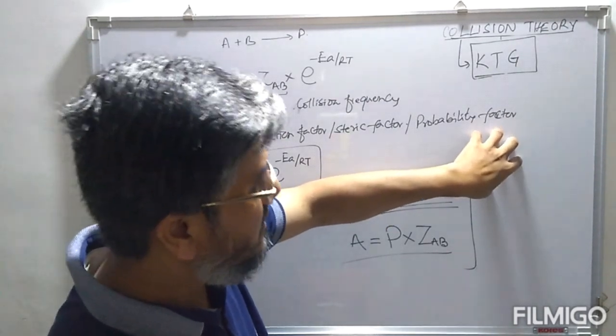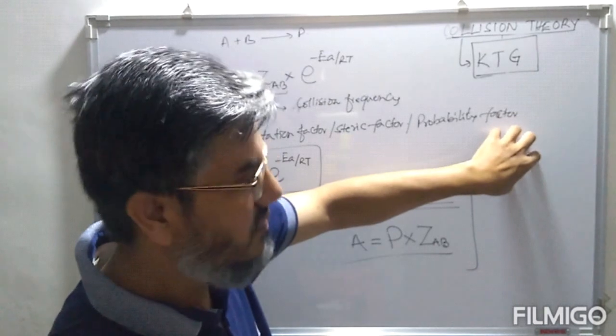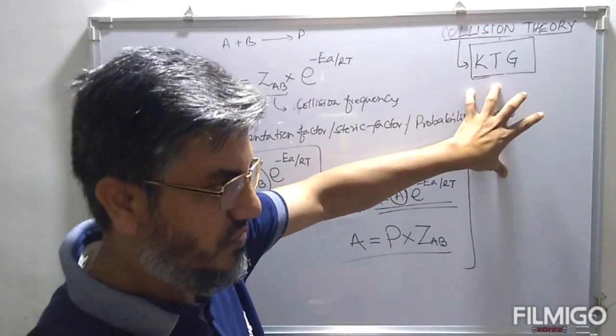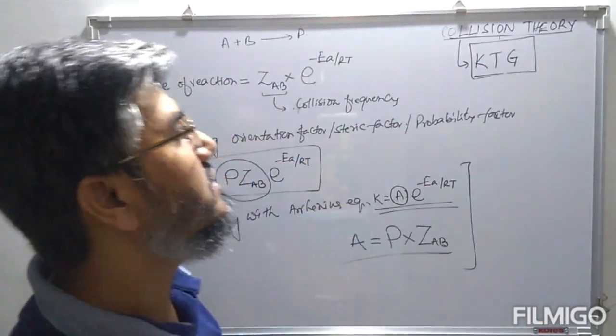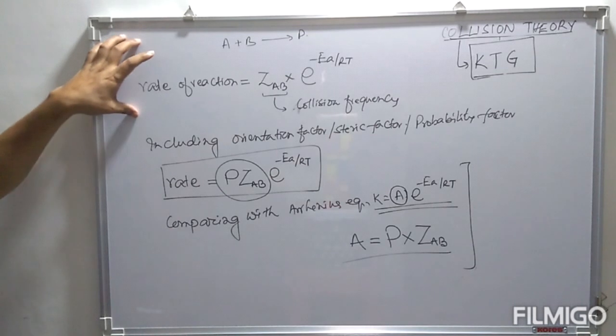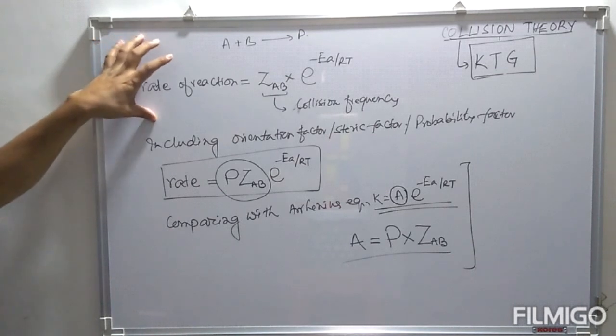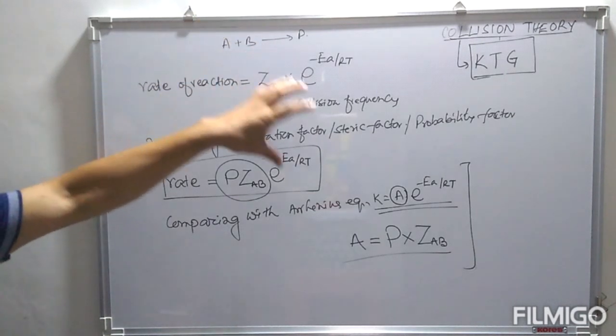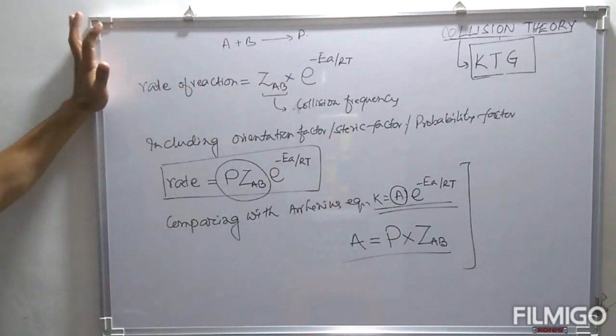So when we consider spherical shape hard molecules, we are totally ignoring the structure. So this is one of the demerits of collision theory. So this is collision theory and the Arrhenius equation, which describes the effect of temperature on the rate constant K, which has effect on the rate of the reaction.